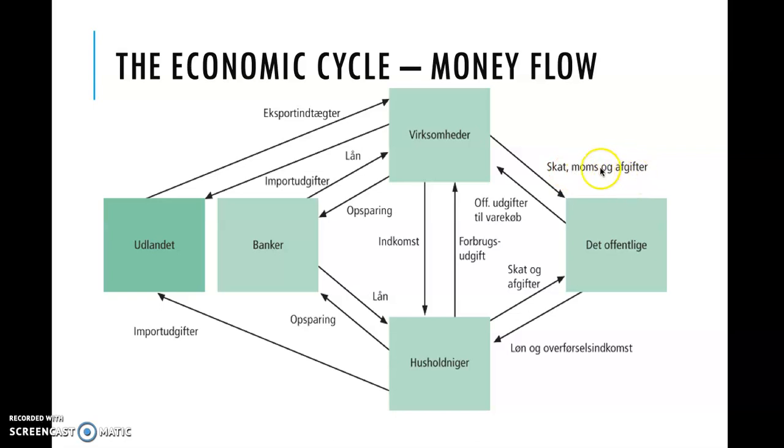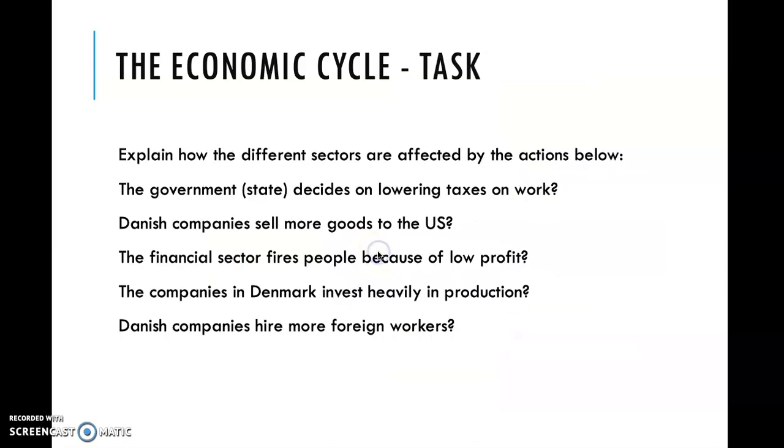Taxes and registration fees also go from companies to the public. The public also buys goods from the companies. So there's a connection, and the money flow goes all over the economy in that way. The economic cycle tasks we'll talk about later.